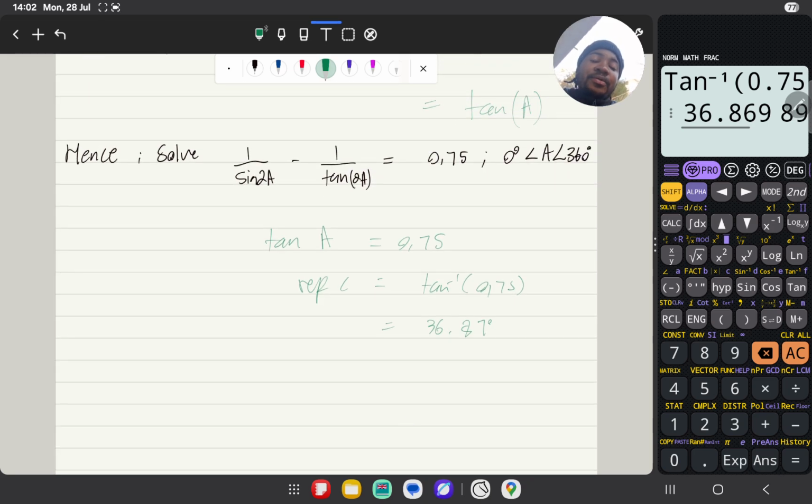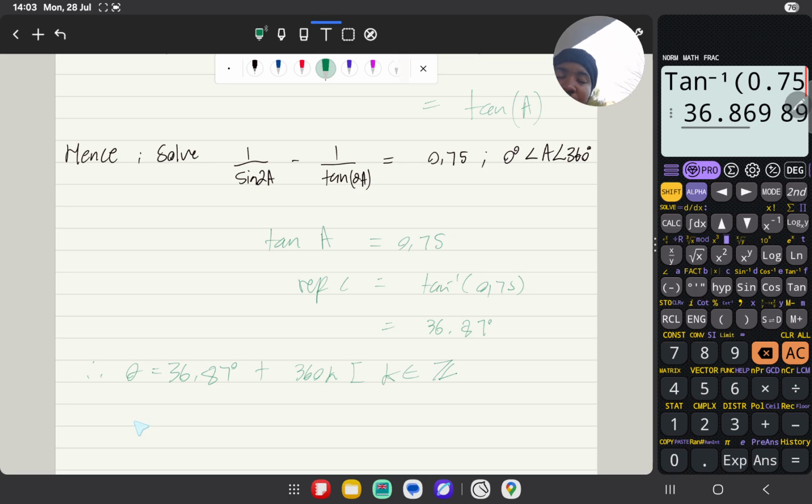Now I can ask you where is my tangent positive. It's the first quadrant and the third quadrant. For the first quadrant, theta is going to be 36.87 plus 360k, where k is an element of integers.